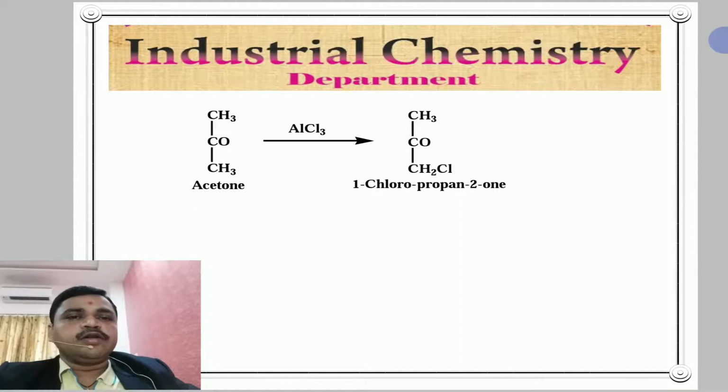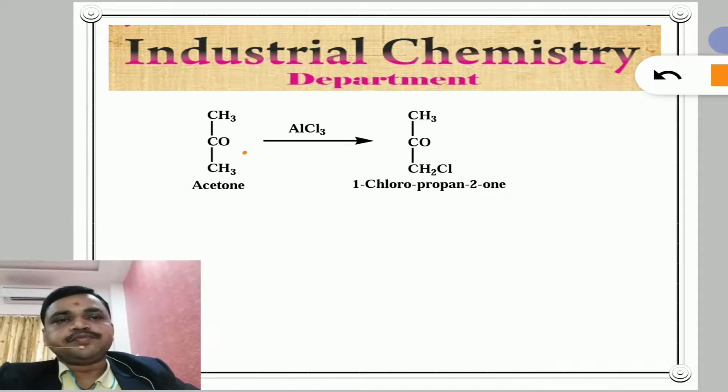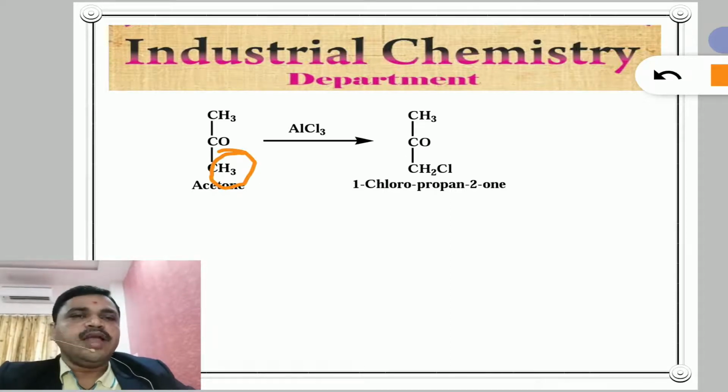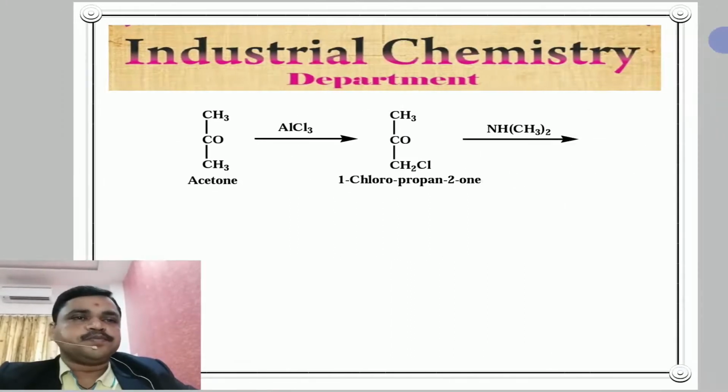A chlorine group is introduced by substitution of hydrogen, and from the interaction between acetone and aluminum trichloride we get 1-chloropropan-2-one. Here the acetone ketone group is on the second position, so the name of the obtained compound is 1-chloropropan-2-one.